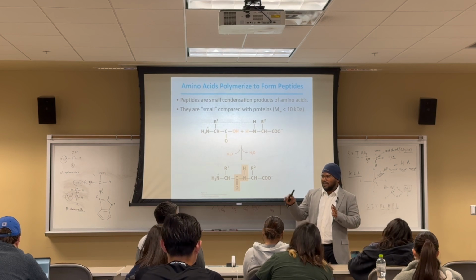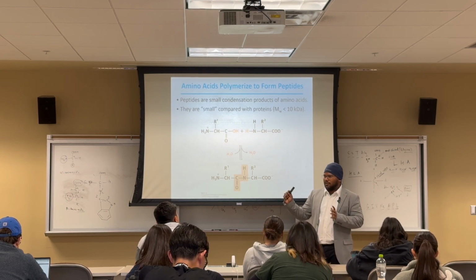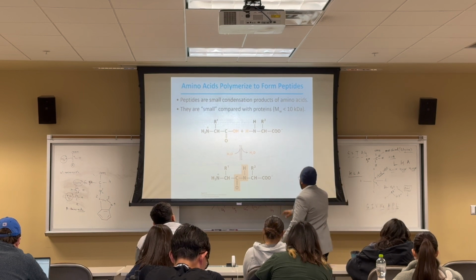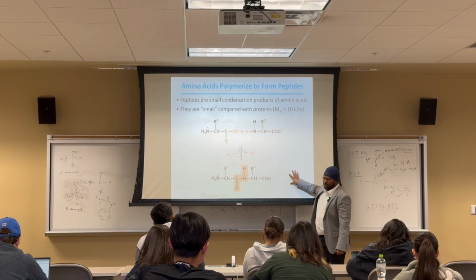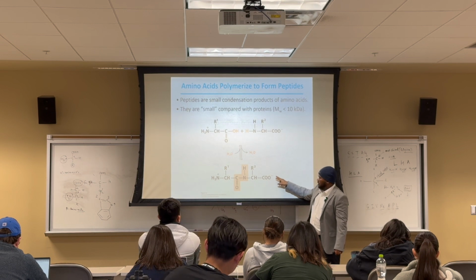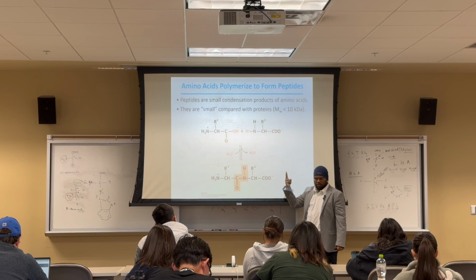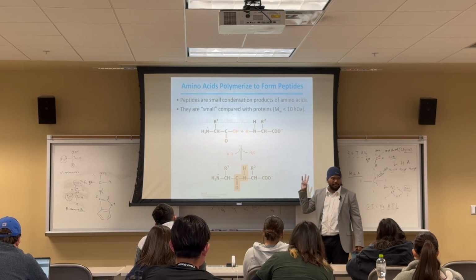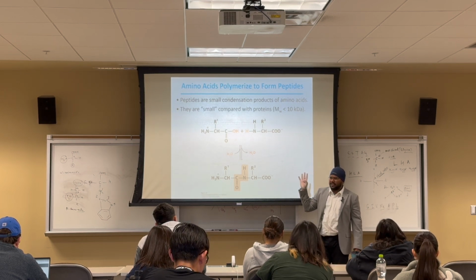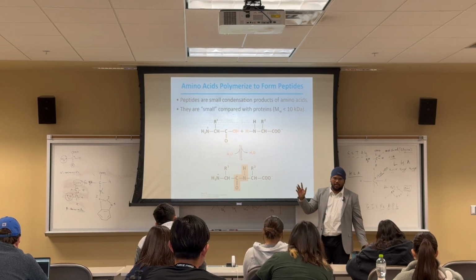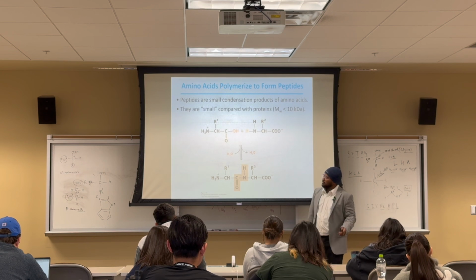So it's n minus 1. Imagine if you have another amino acid over here, another CO, OH, hydrogen, there will be two peptide bonds. 3 amino acids, 2 peptide bonds. 4 amino acids, 3 peptide bonds. 50 amino acids, 49 peptide bonds. Okay? So another tricky question.